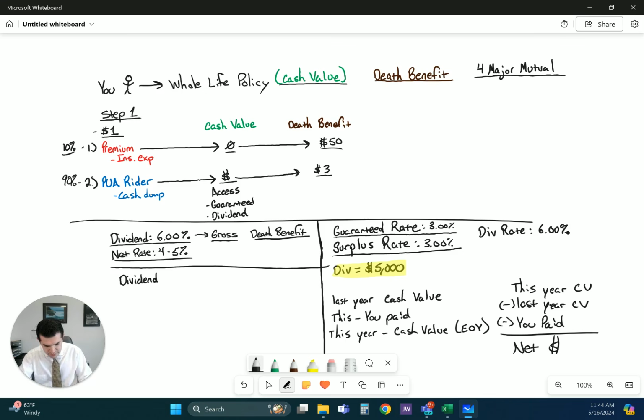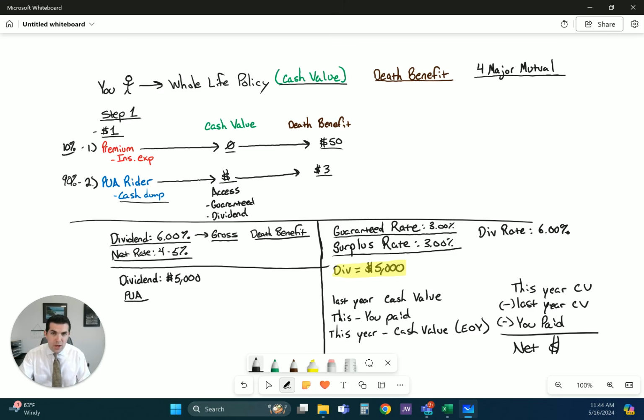But if you get a dividend, call it of $5,000, how does that actually work? Well, you can elect several different options for dividends. The most efficient option is to have your dividends purchase paid up additions. And this works identical to what it would look like if you just added money to paid up additions.